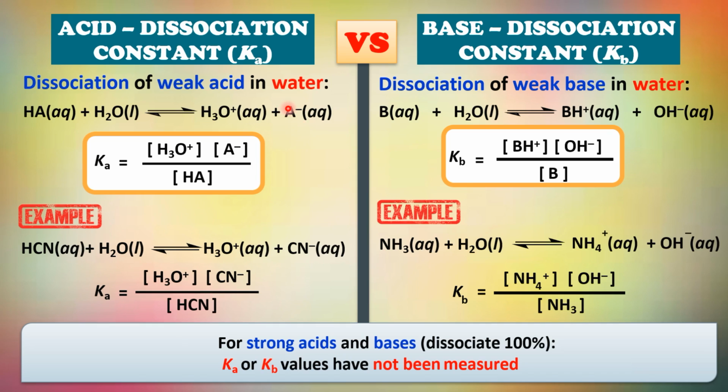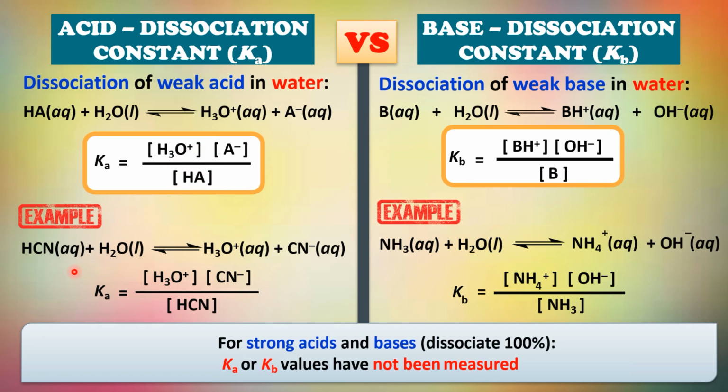The reaction here is reversible, since a weak acid does not dissociate 100%. When we write the Ka expression, liquid is not considered in the Ka expression. So you will get this formula: concentration H3O plus times concentration anion over concentration weak acid.